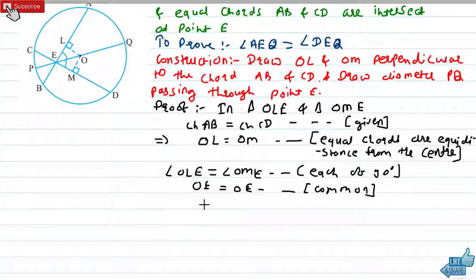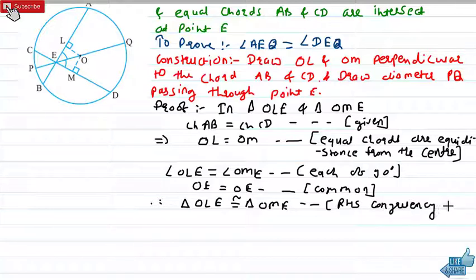So we can say that, therefore, triangle OLE is congruent with triangle OME by the RHS congruency rule. Why do we show these two triangles are congruent?